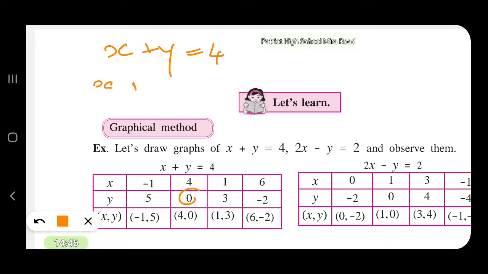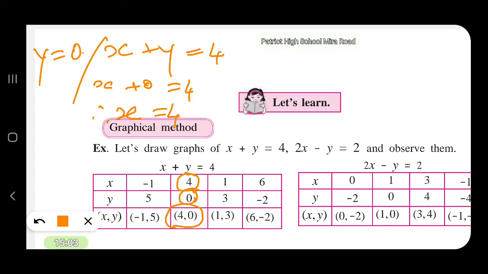X plus 0 is equal to 4. Therefore x is equal to 4. For y is equal to 0, we have x is equal to 4. So this is the second ordered pair. Now let us take x is equal to 1. What will happen? 1 plus y, here this will be 1.